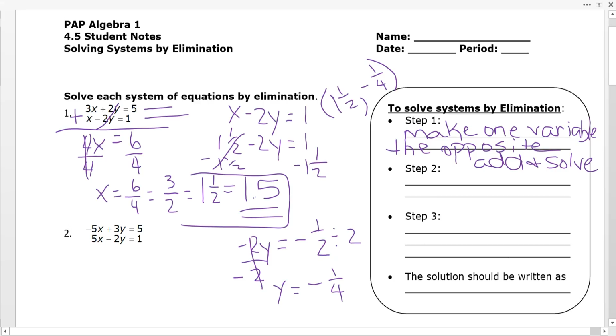Maybe that was two steps. And then I substitute, and solve again. And hopefully then I'm going to have an ordered pair.